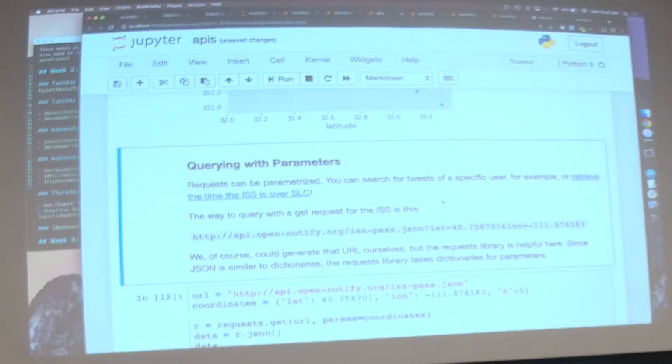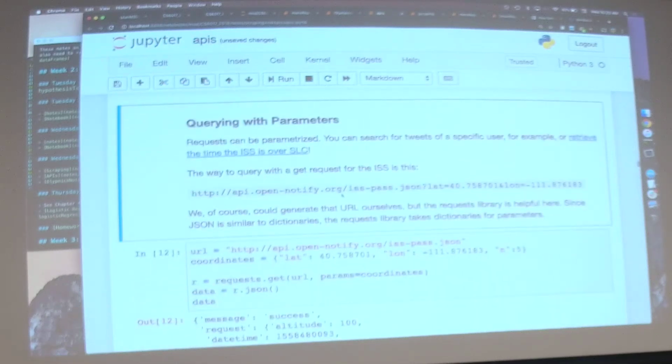There's other endpoints here. So this open-notify will tell us when the space station is going to be close to us. Most APIs use query strings to pass extra parameters, that's the question mark and all that stuff. So if you use like the Twitter API, the library will automatically take your parameters and format them for you.